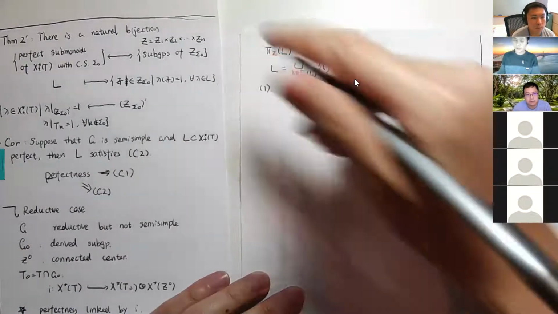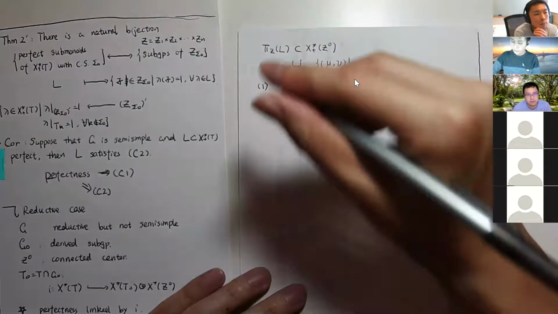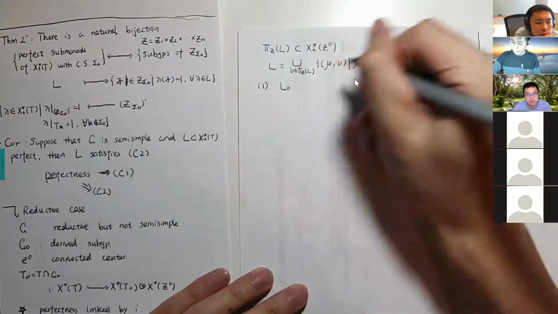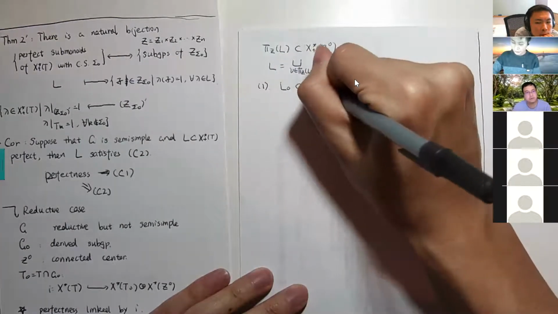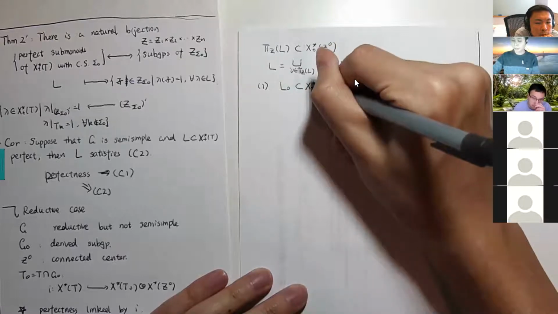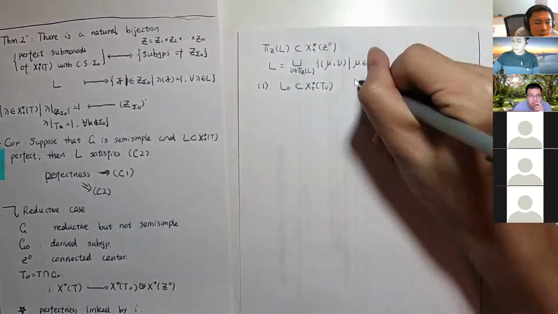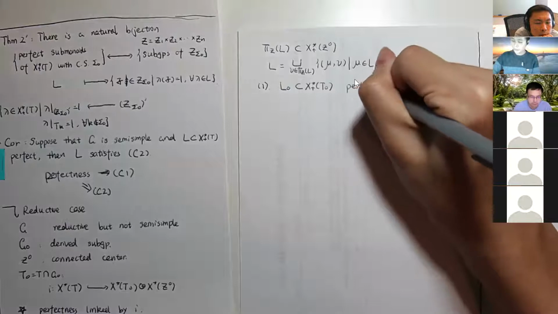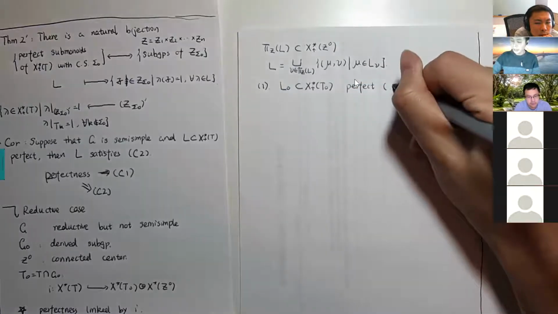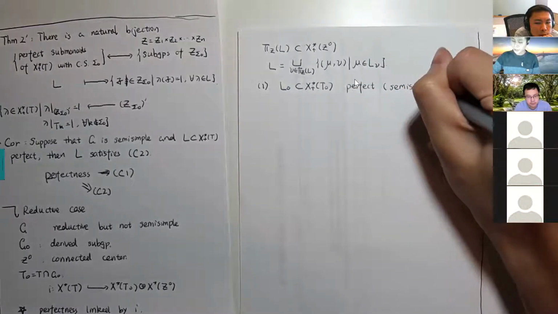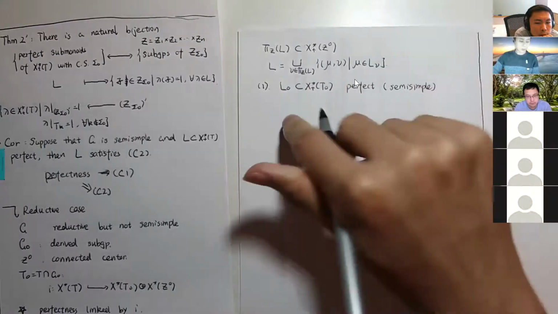So first, L0 here is a perfect submonoid of this X star plus T0. So this is a perfect submonoid of dominant weights in the semi-simple case, so we can characterize this L0.